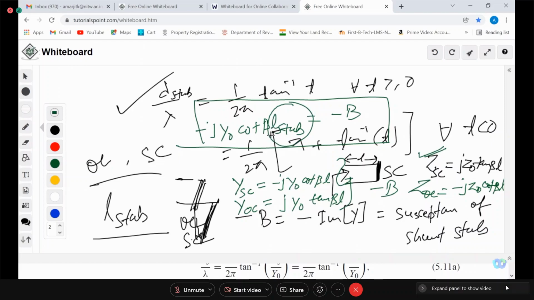Beta is equal to, of course, 2 pi by lambda. So minus j Y0 cot 2 pi L stub by lambda is equal to minus jB. Minus minus cancel. So what will be the length of a stub?